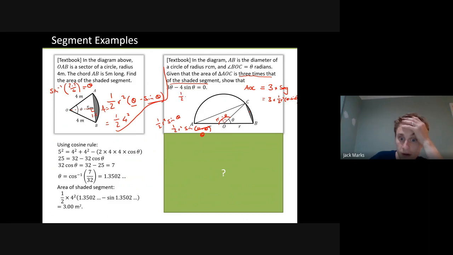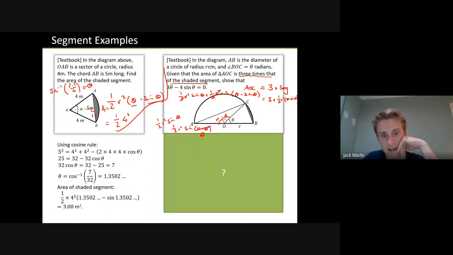So half r squared sine theta equals, let's put all the parts that are the same at the front, r squared times 3 theta minus sine theta. I know this is a bit messy. Then we can do loads of cancelling out, which makes sense because the final answer doesn't have any r in it. Do you want to just pause and have a go, seeing if you can finish off the answer from there?